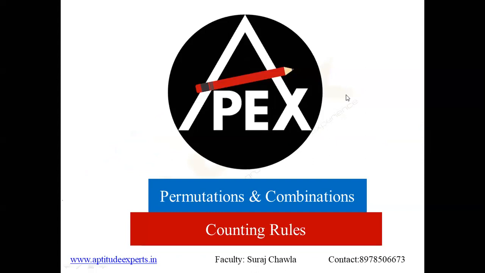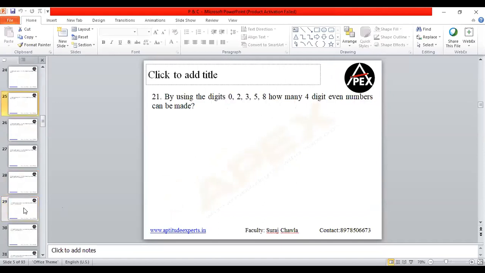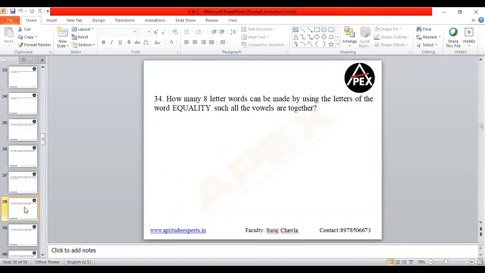So where were we in the last class? Just 1 second. Yeah, so we are also saying no two vowels are together, right? So we had finished till this point. Let's go to the next question.